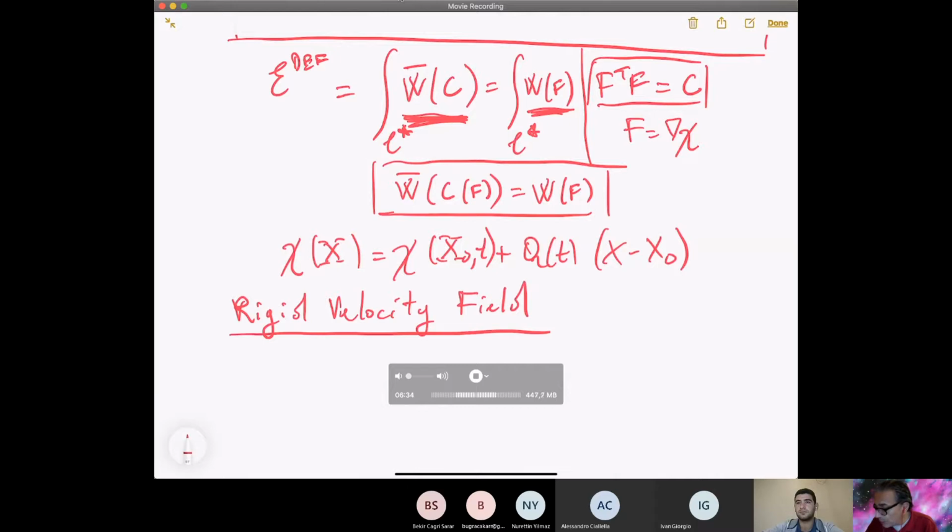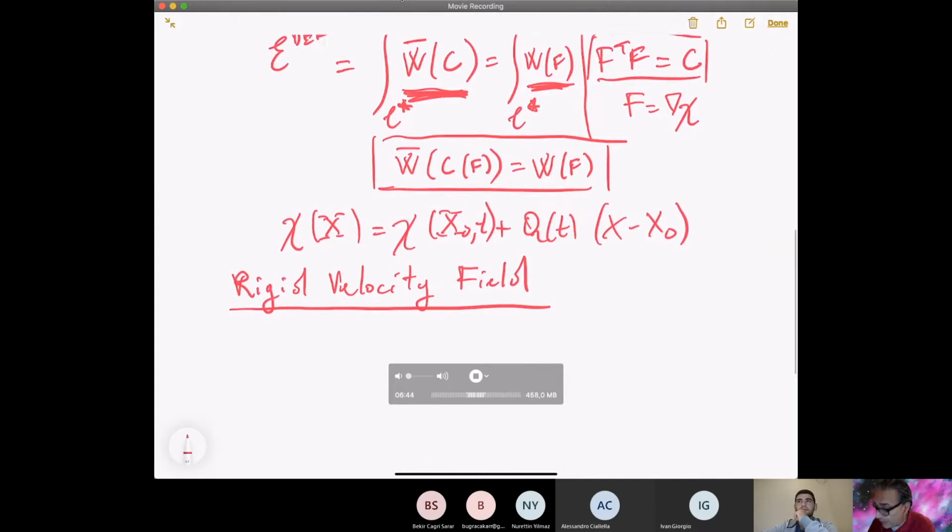And this is also very important for fluid mechanics. So we will try to discuss this also later, and we will need this also later.